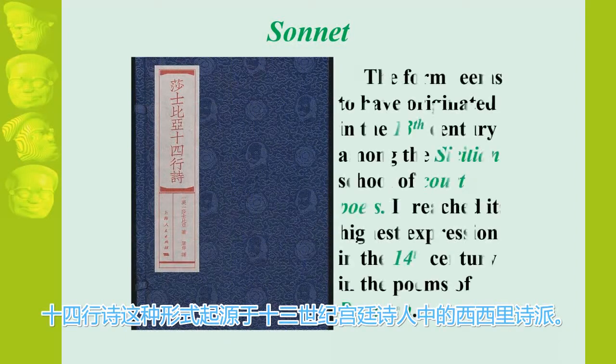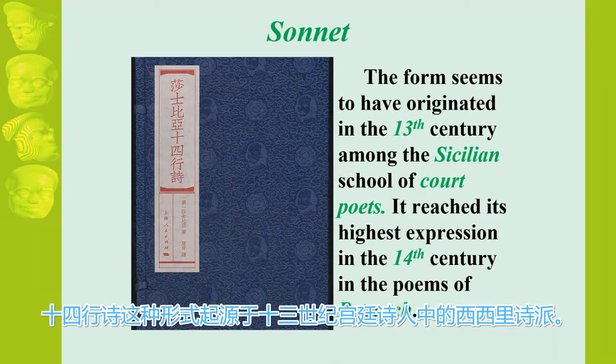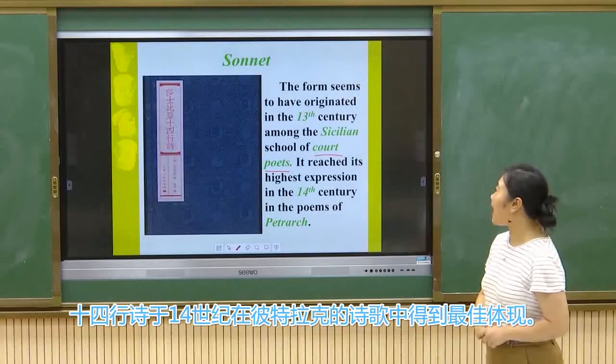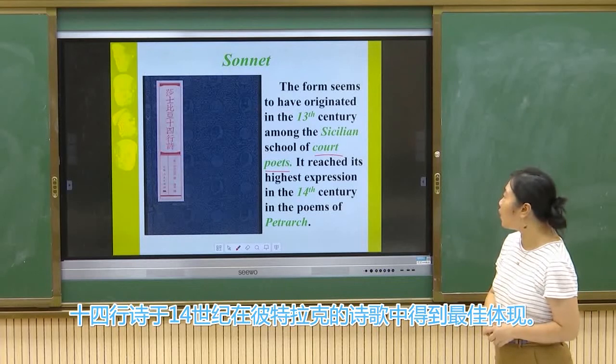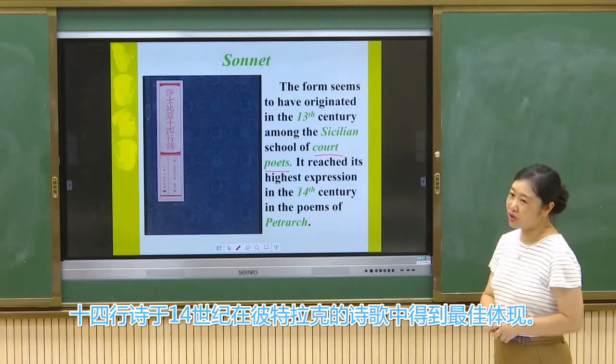The form seems to have originated in the 13th century among the Sicilian school of court poets. Court poets, it means 宫廷诗人. It reached its highest expression in the 14th century in the poems of Petrarch.